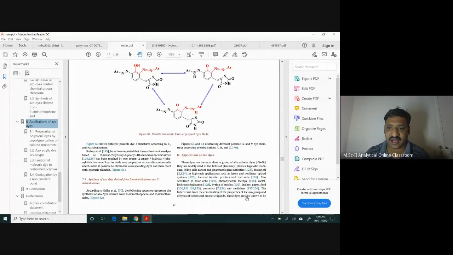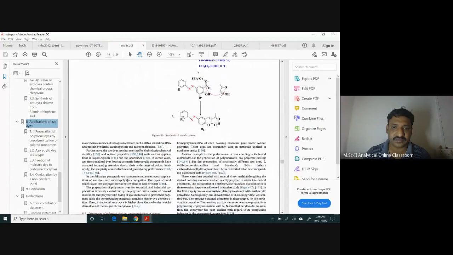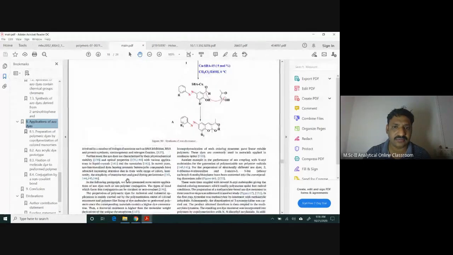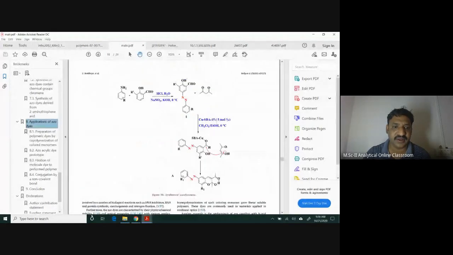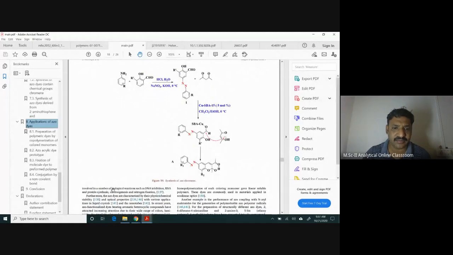They are also known to be involved in a number of biological reactions such as DNA inhibition, RNA, protein synthesis, carcinogenesis, and nitrogen fixation. So a number of applications of azo dyes.